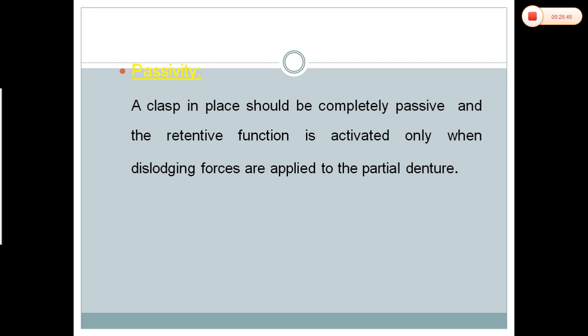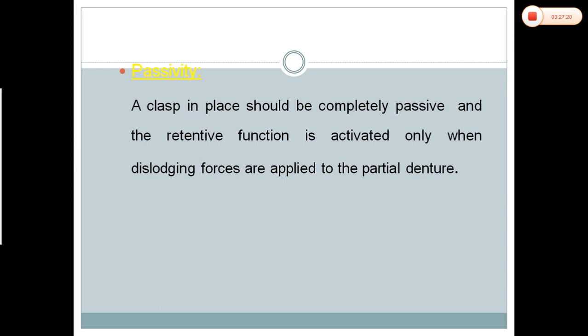Passivity. Passivity means you should not apply any kind of force. If something is present passively, without any movement or without applying any kind of pressure, it is known as passivity. So you have to remember that when the prosthesis is seated completely in its position, the retentive tip present in the undercut area should be placed passively.